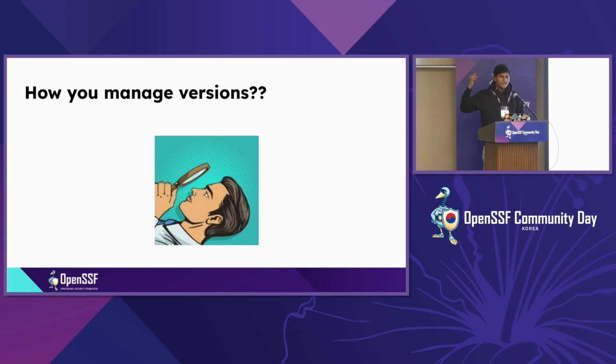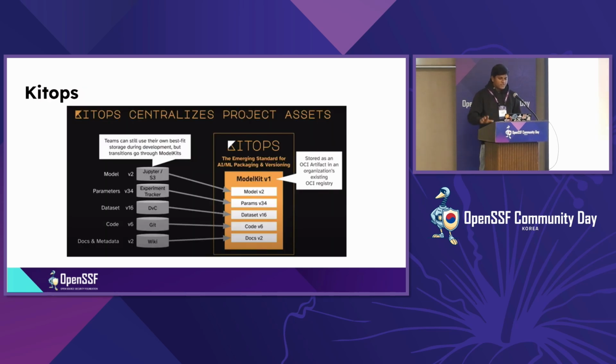So all these have an impact on the ML model accuracy. So KitOps solves this by packaging everything into a ModelKit. A ModelKit will contain your model, your parameters, your dataset, your code, your metadata, everything.